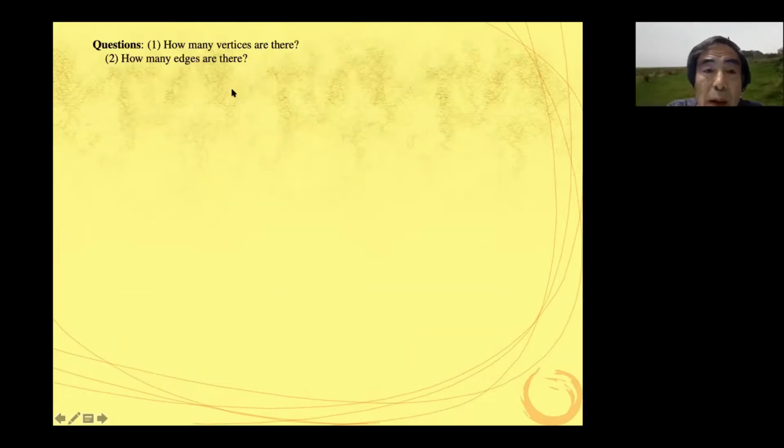The problem is we need to consider the graph of such genus 2 curves. So the first problem is how many vertices are there? And also how many edges are there? We solved such problems.